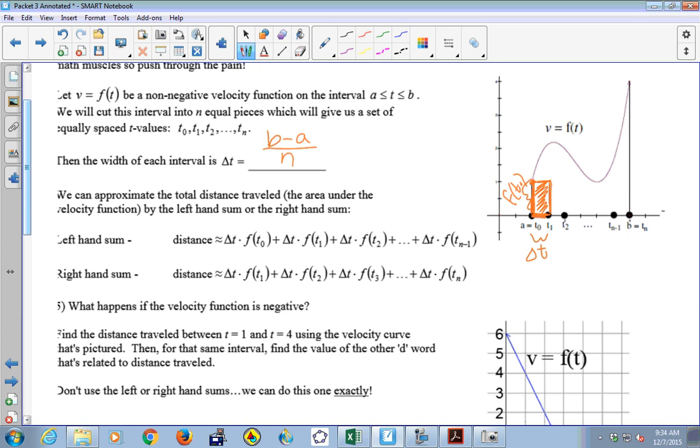For my next interval, from t1 to t2, again I'm going to use the left endpoint to come up with a speed that I was traveling for the whole interval. Just assume that speed for the whole interval.